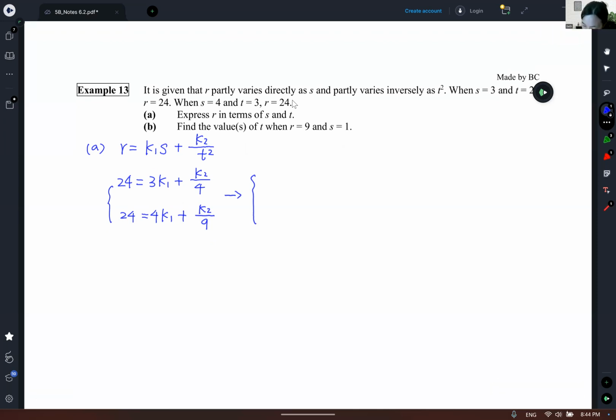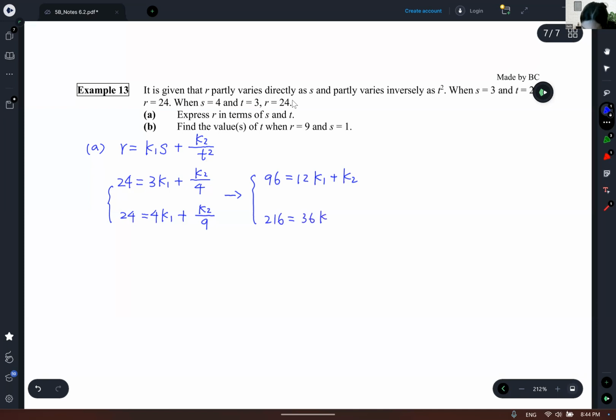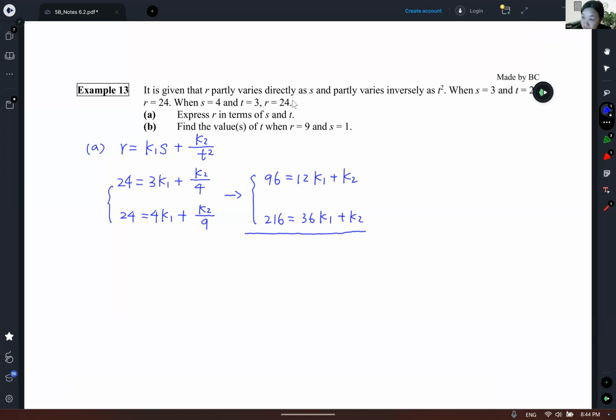To multiply by 4, that's 96 equal 12 K1 plus K2 plus 9. Okay, and then you will do the subtraction right here. I do the subtraction this way.